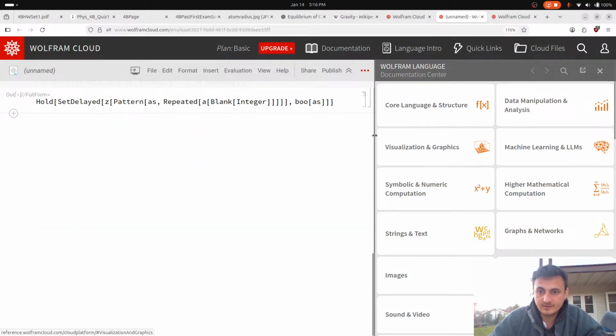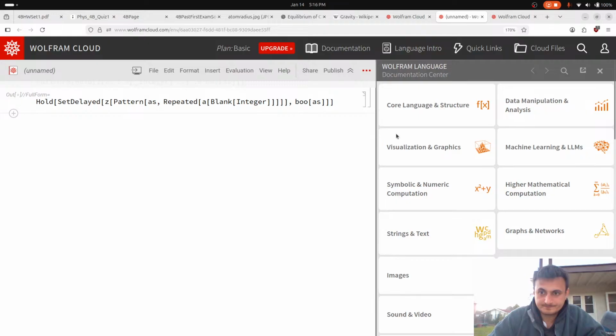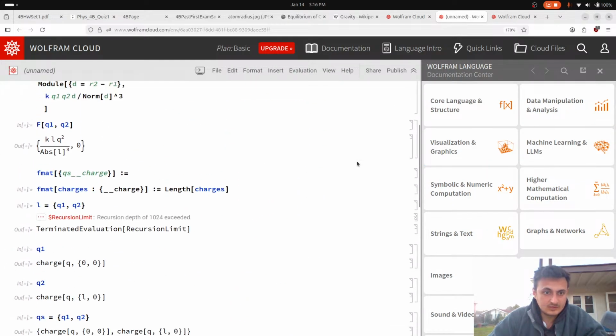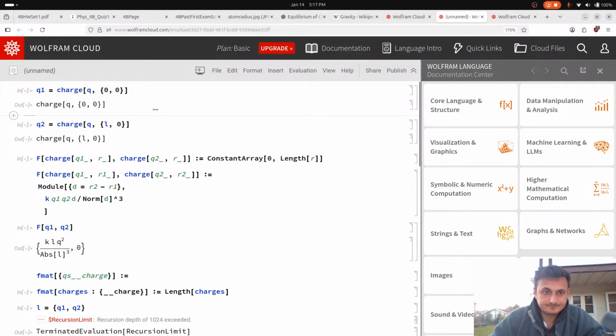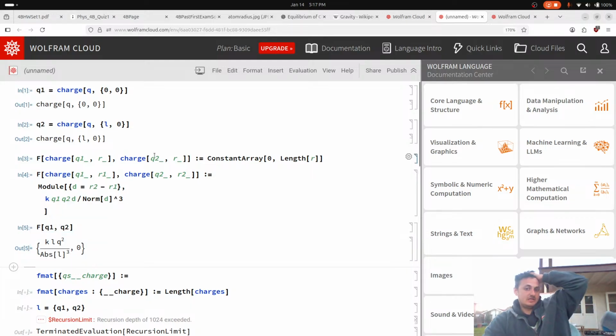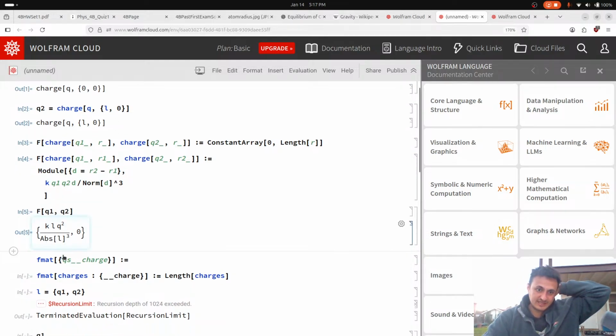So the main thing here, we have a charge, we have another charge. Then we have this rule. This code is the thing, and now we get this vector where we have a distance L apart and whatnot.